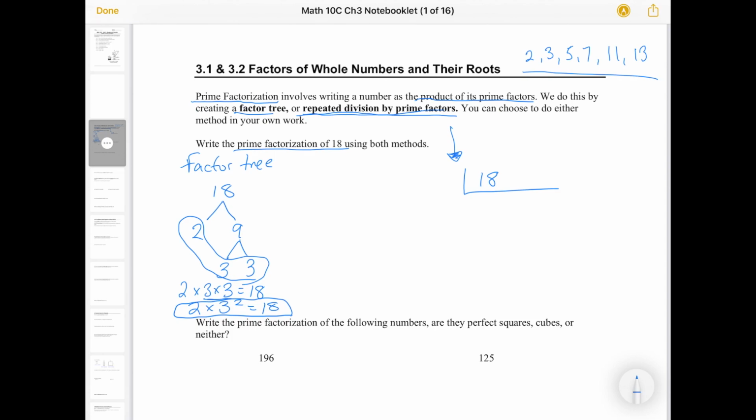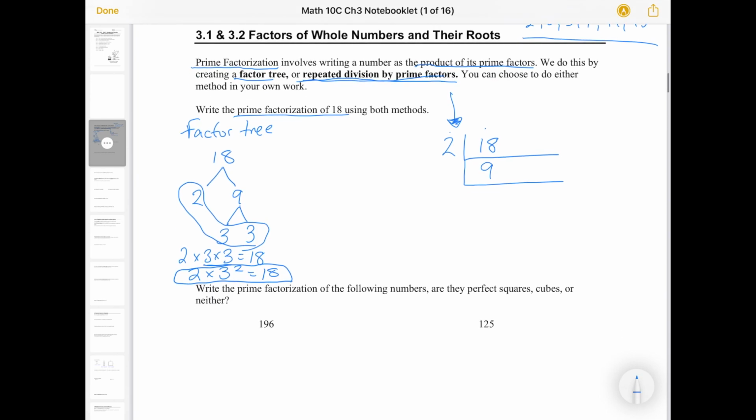So it may even be helpful that you start making this list of prime numbers at the top of your workstation so you can refer back to them. 18 though, not crazy. I know that 2 can divide into 18 because 18 is even. So 18 divided by 2 will give me 9.